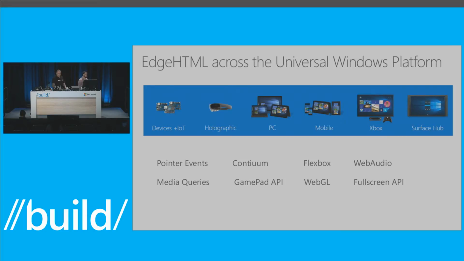There are features that we build inside of the rendering engine that help you take advantage of building websites and hosted web apps that work across the universal Windows platform, like pointer events adapting to different types of input, continuum experiences on mobile, allowing you to switch from mobile to a desktop experience, web audio, Flexbox, media queries, the Gamepad API, absolutely, and WebGL for 3D graphics, as well as the full screen API to take advantage of the screen real estate of the device.